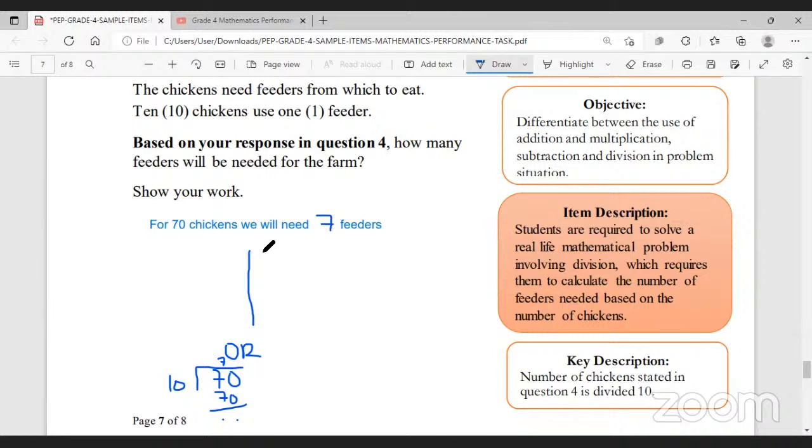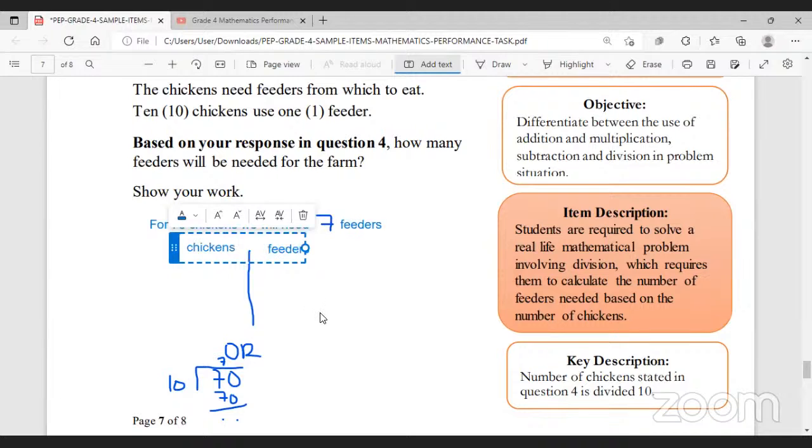Or we could put a little diagram like this, a little table, let me use my typing tool. So we could say feeders, and then put chickens here.